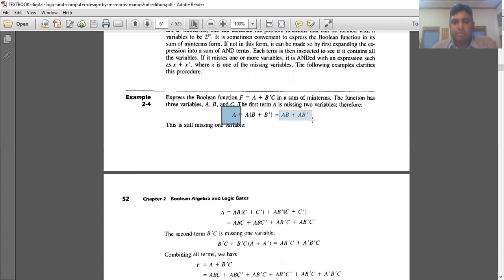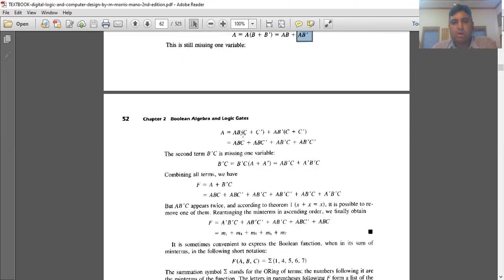Now this term has a and b, but it is still missing one variable. It does not have c. So we can add c here. We can multiply this term with c plus c bar, and we can multiply this term with c plus c bar. So ab into c plus c bar, ab bar into c plus c bar, and multiplying, abc plus abc bar plus ab bar c plus ab bar c bar.